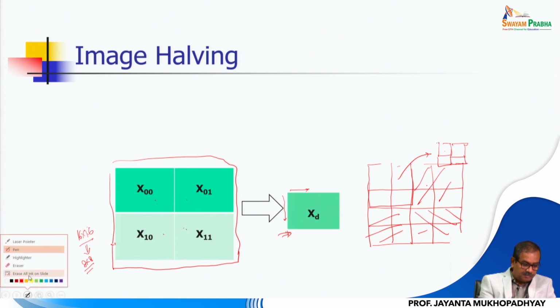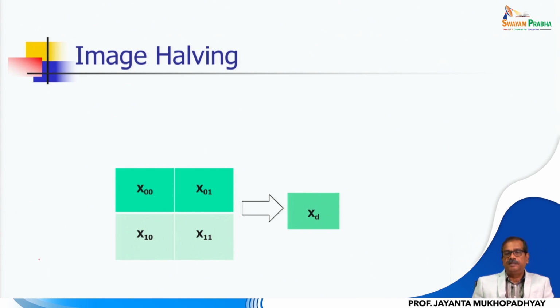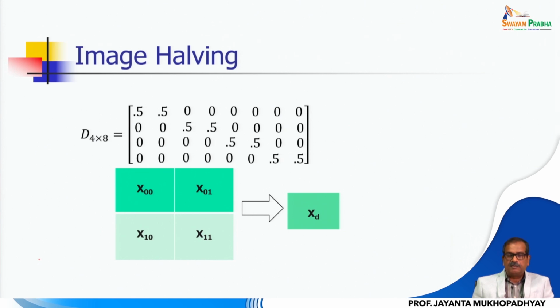So let us see how these operations can be done directly in the compressed domain. So let us try to understand what this kind of operation is in the spatial domain. A very simple operation. Here let me show you the downsampling in the form of a linear transformation, a matrix multiplication.